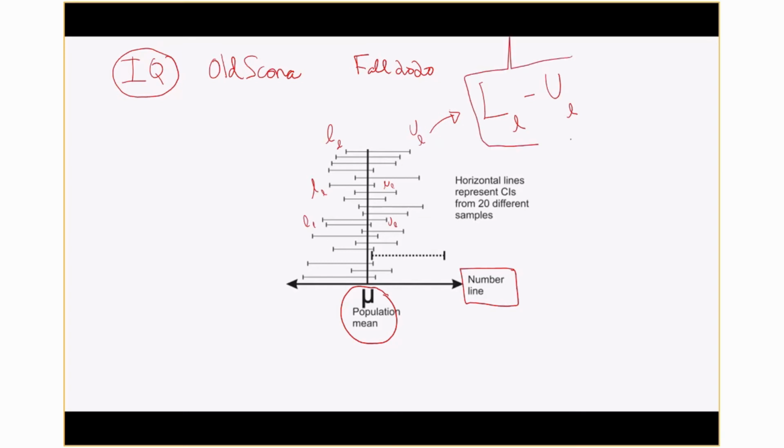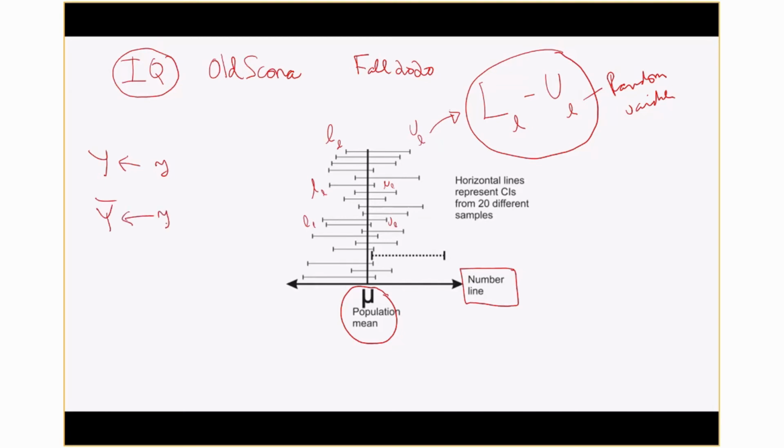Those two numbers, we can think of those as being a random variable. So we've seen lots of random variables before. I mean, the two that we focused on were y, which is a set of all possible single individuals, and y bar, which was the set of all possible sample means. Now what we're dealing with is a random variable, and it's kind of an odd duck in that instead of being a single letter, we're actually dealing with a range.